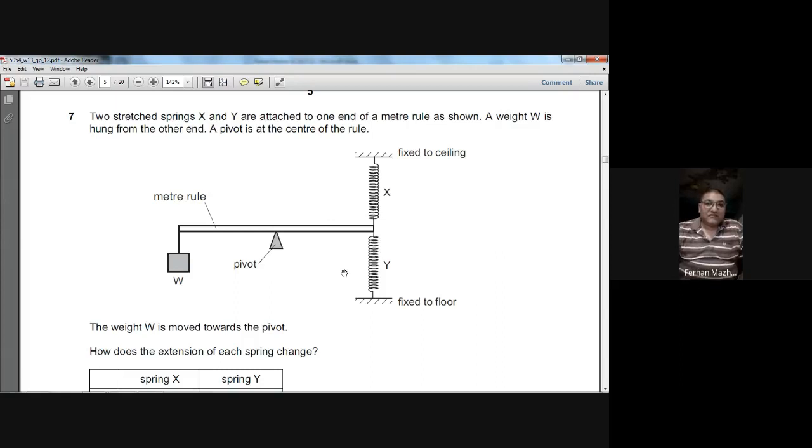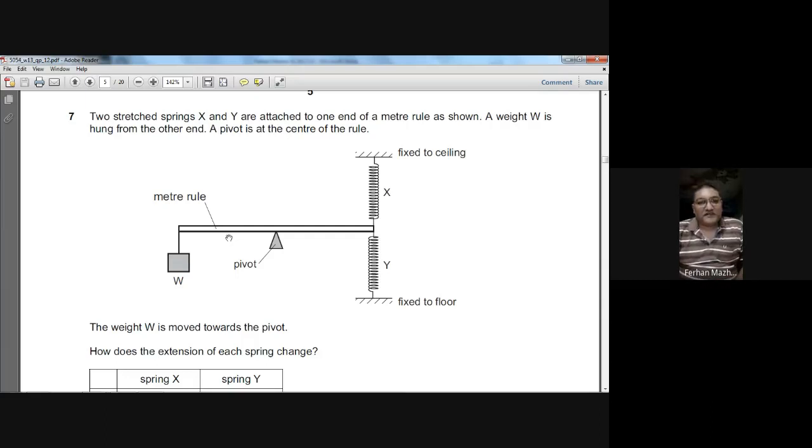But if you move this weight towards the pivot, the anti-clockwise moment will decrease. The clockwise moment will still be the same. Because you have moved this weight towards the pivot, its moment arm has decreased.